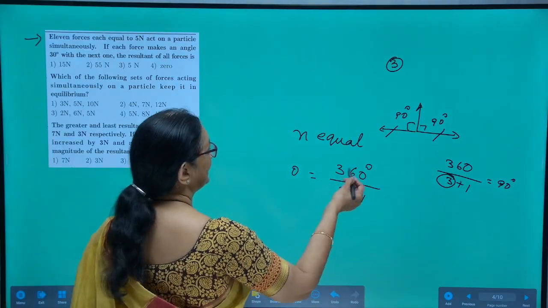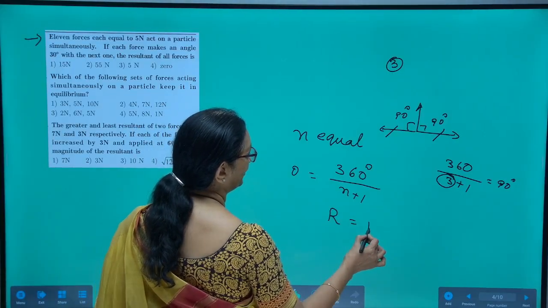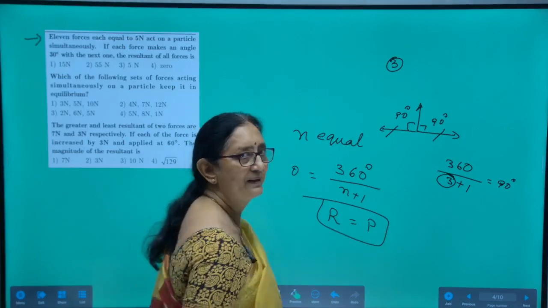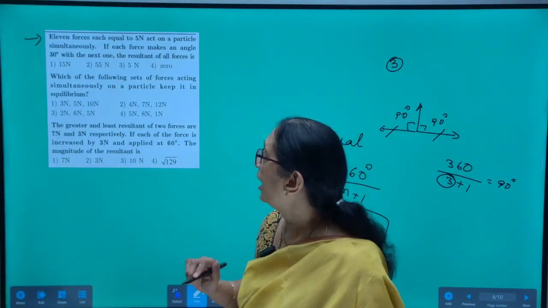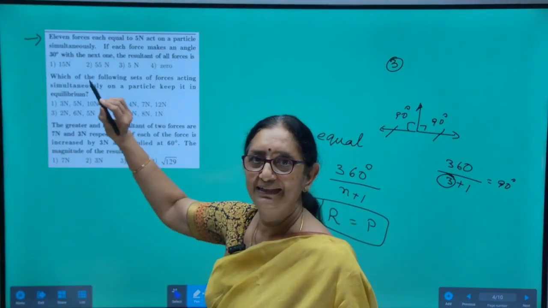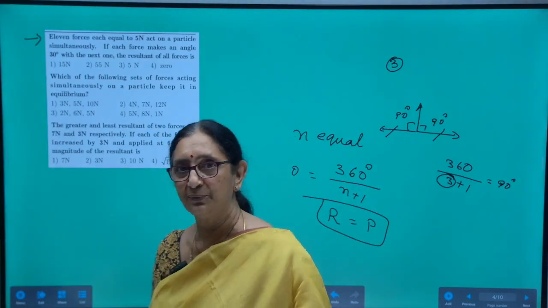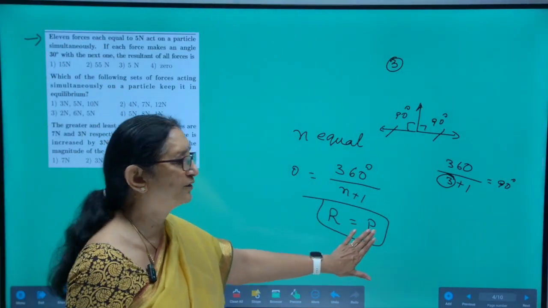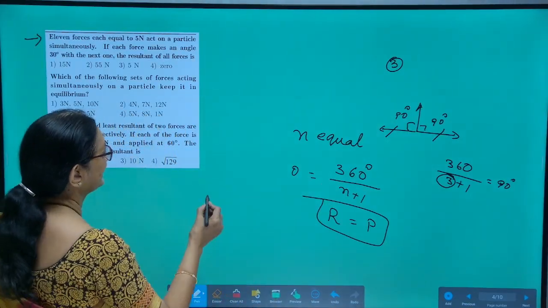So, when n equal vectors are such that each one makes an angle 360 by (n plus 1) with the next one, then the resultant is equal to P. That is the meaning of this statement. Here what is given?